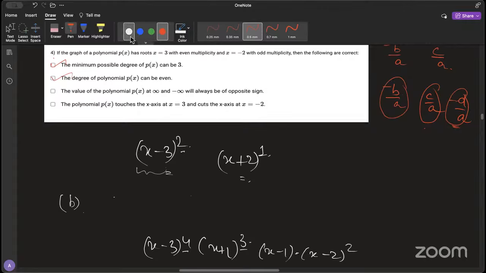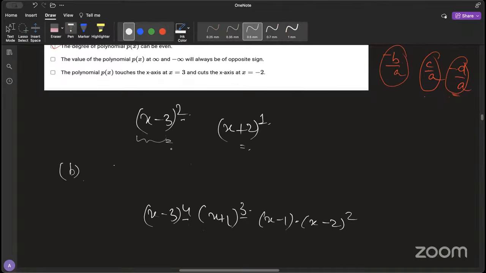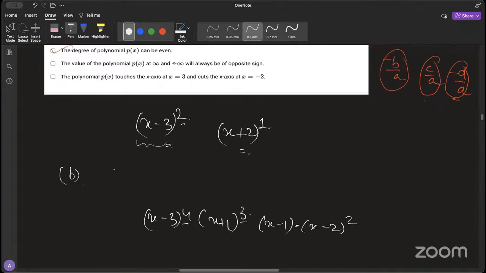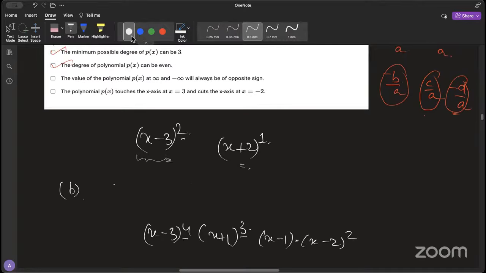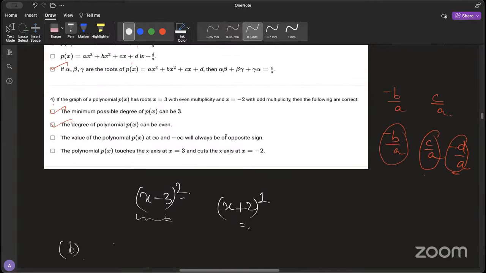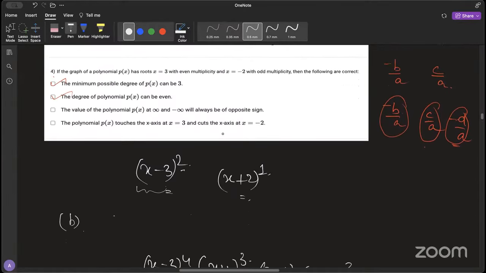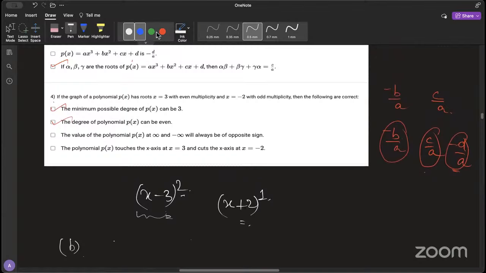Coming to the third option, we have that the value of the polynomial p(x) at infinity and minus infinity will always be of opposite sign. If you have only these two roots, the problem here is that they've not mentioned that it has only two real roots, 3 and minus 2.